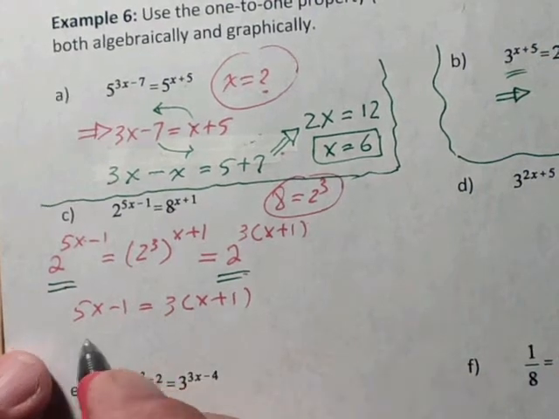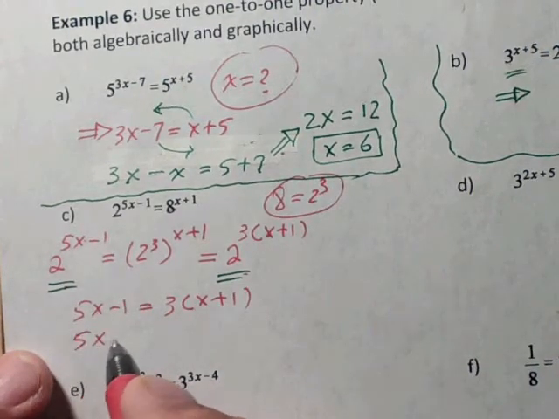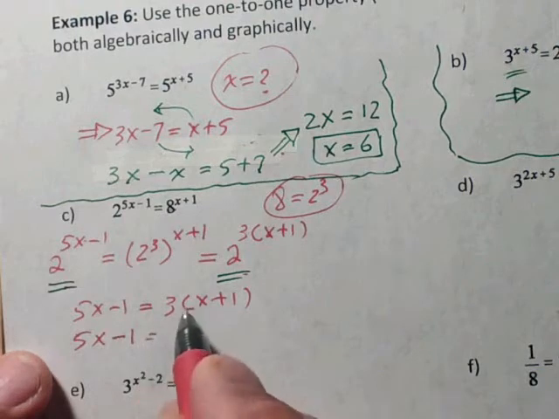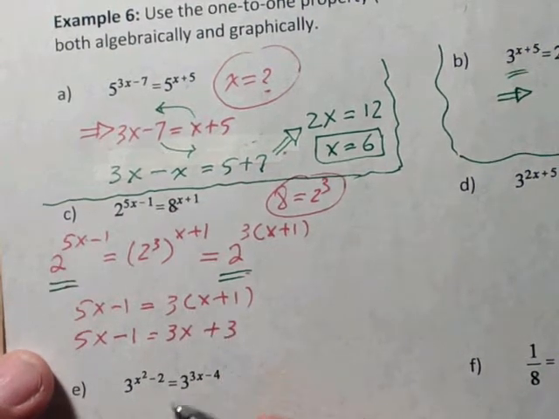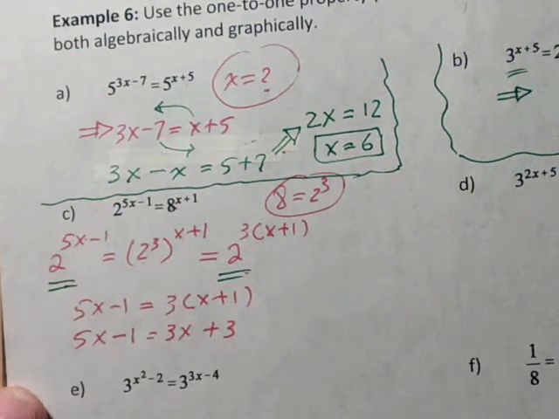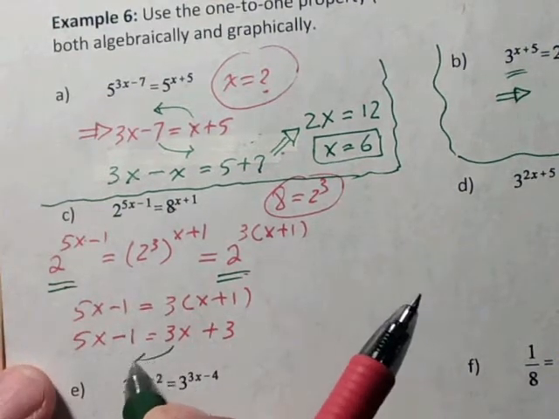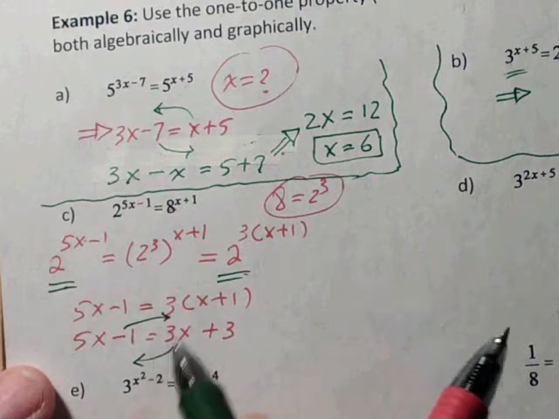And now I can solve this equation. Distribute this 3, you get 3x plus 3. Okay. This 3x goes to the left side. This 1 goes to the right side.